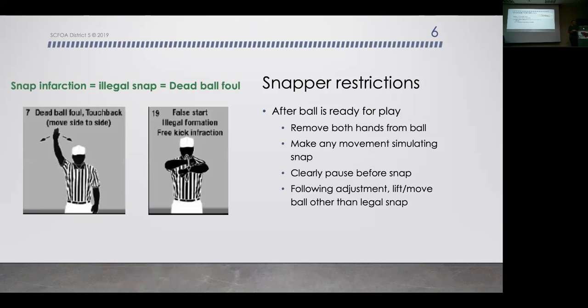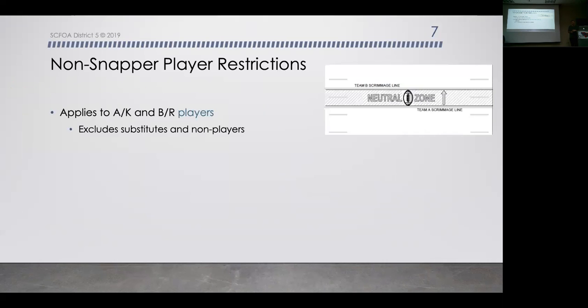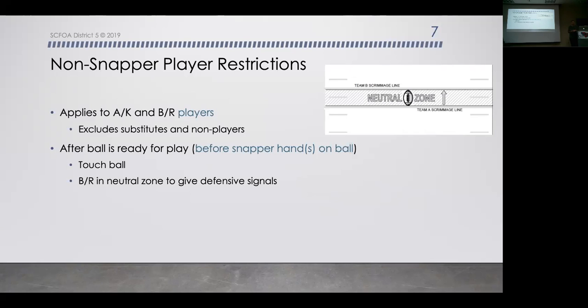All right, so after the ball is ready for play, before the snapper has his hands on the ball, now with the 40-second play clock, as soon as the umpire spots it and backs out of there, the ball is ready for play. So if another player touches the ball, or the defense, B or R, is in the neutral zone to give defensive signals, then we have a dead ball foul for encroachment. So that's before the snapper puts his hands on the ball.